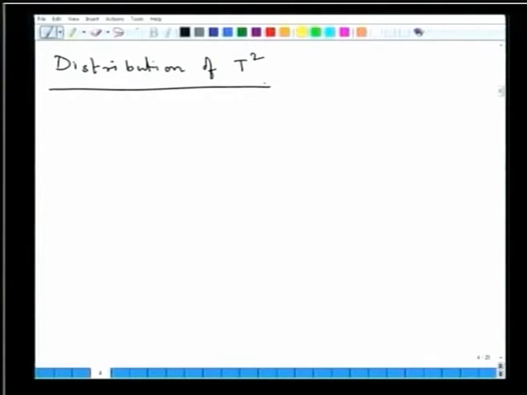So in order to get to the distribution of T, we go in two steps.